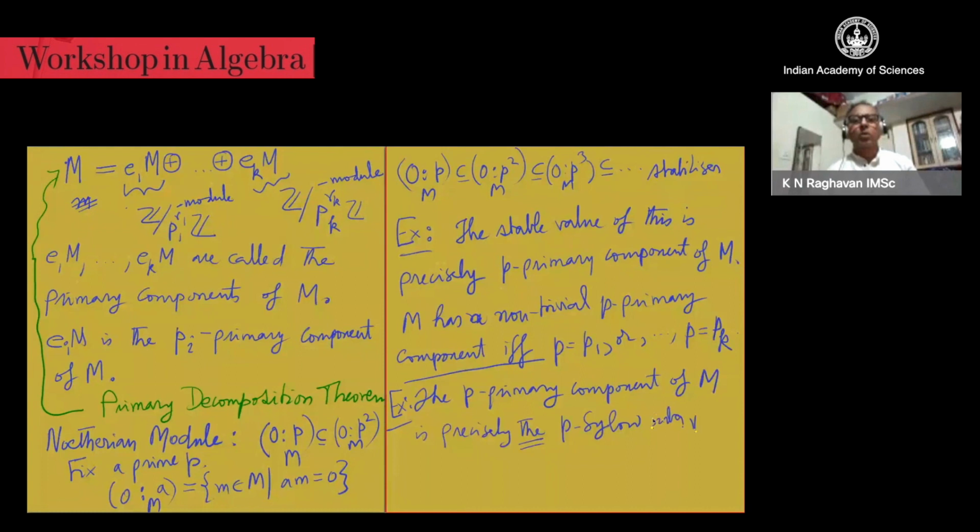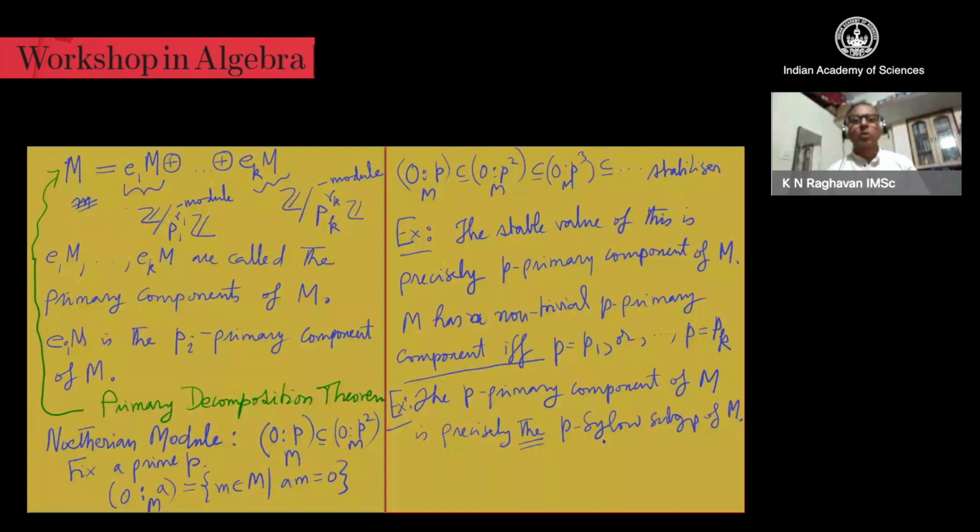Remember, we're in an abelian group, so any subgroup is normal, and we know that all P Sylow subgroups are conjugate to each other. But here, conjugation doesn't do anything to a subgroup. So in any abelian group, there is a unique P Sylow subgroup, and this P primary component is nothing but the P Sylow subgroup.